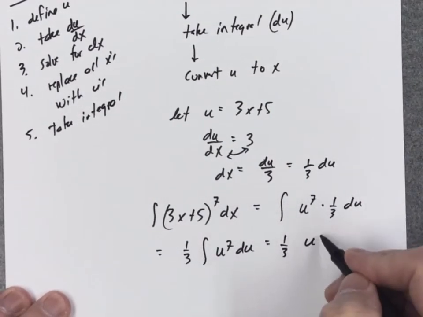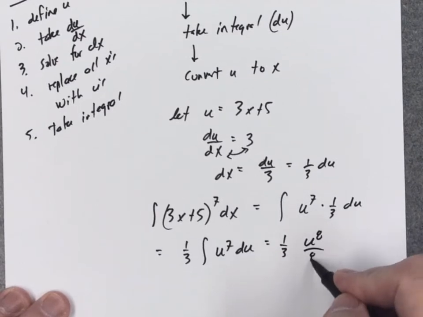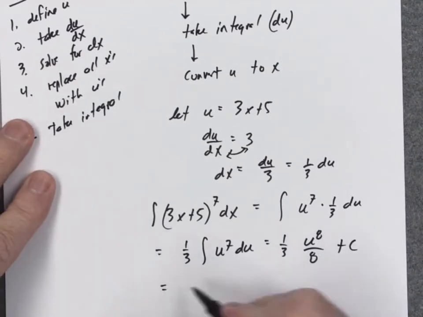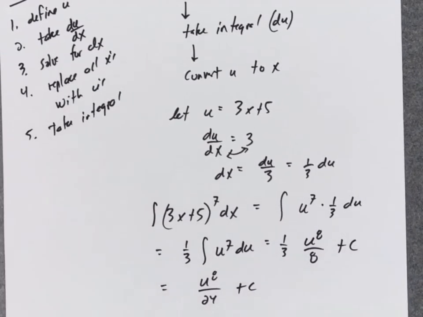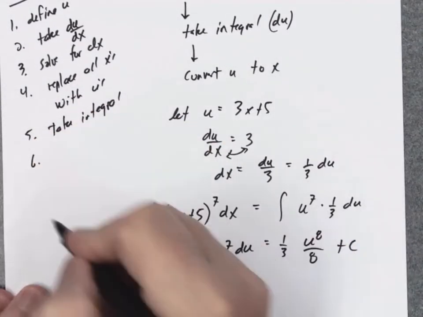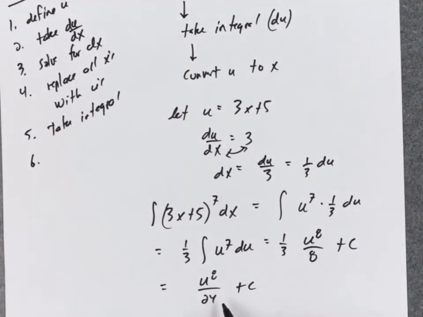Power rule says you add 1 to the exponent, divide by the new exponent, and you also get the plus c here. So really, u to the 8th over 24 plus c.